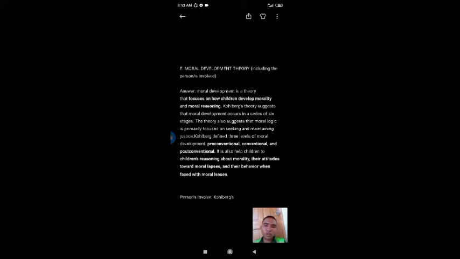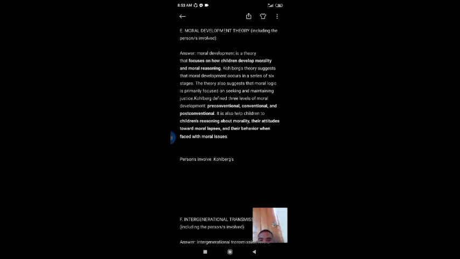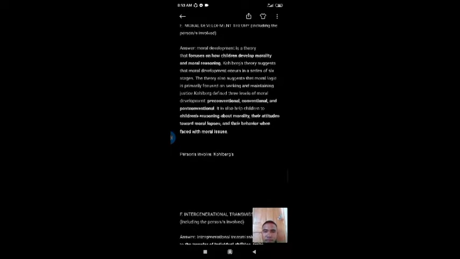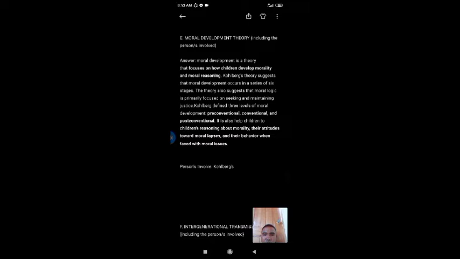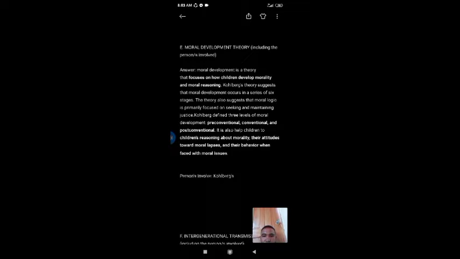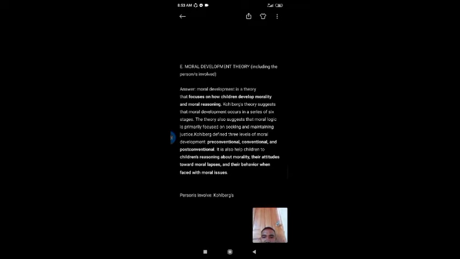So in this moral development theory, it will focus on how children develop moral reasoning by understanding their parents or some person that makes them punished if they commit any lapses.